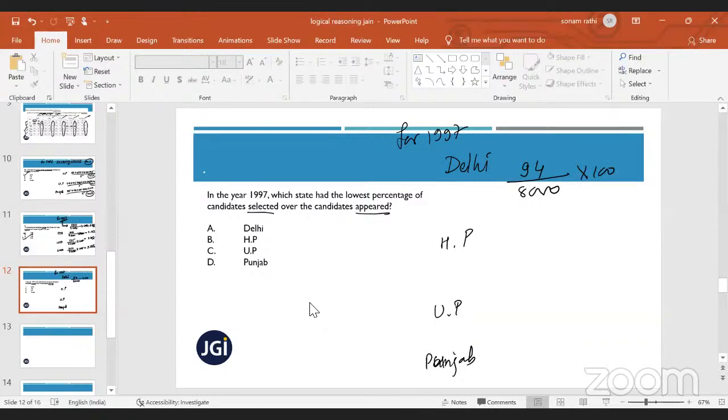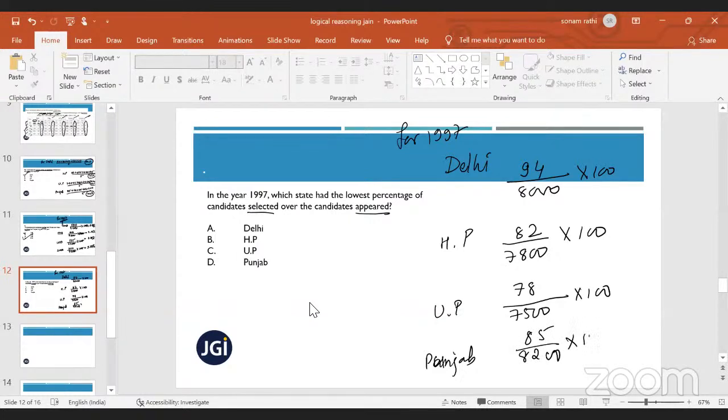For HP, how many selected? 82 selected out of 7,800. For UP, how many selected? 78 upon 7,500 into 100. And for Punjab, 85 selected out of 8,200 into 100.